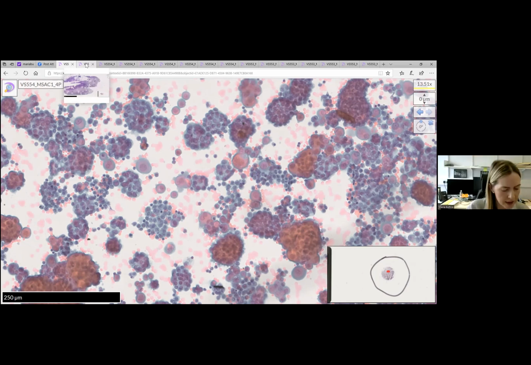Okay, so the next case is a 35-year-old female, and this is a left thyroid nodule which has undergone FNA.